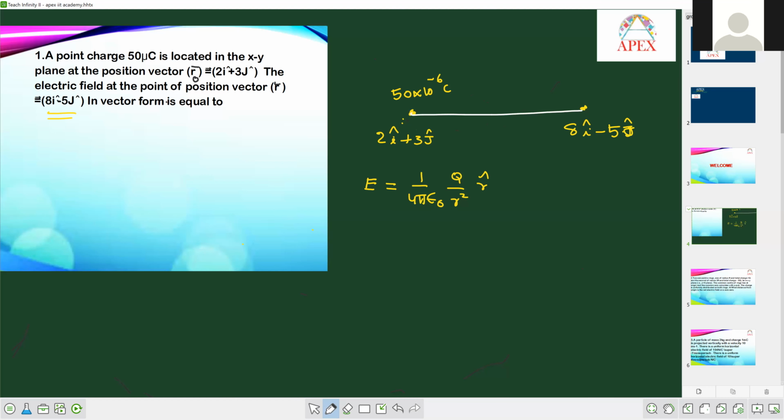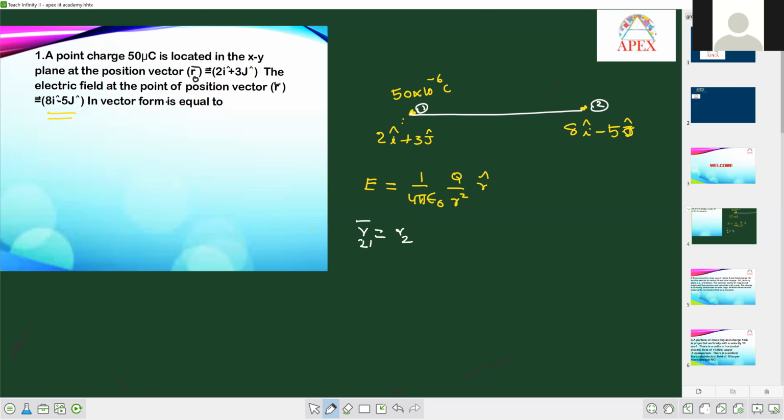Now, in vector form, if you want to find out r bar, the distance between these two, here you are calculating electric field intensity. Let me consider this is point 1, this is point 2. If you write like that, you have to calculate electric field intensity at point 2 due to point 1 only, so r also you can consider r21.